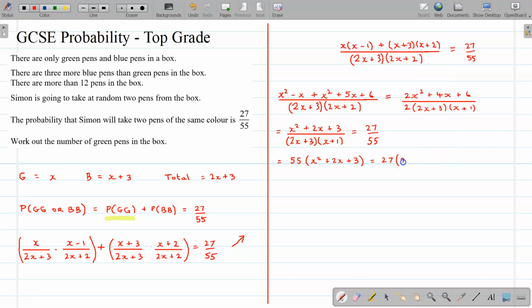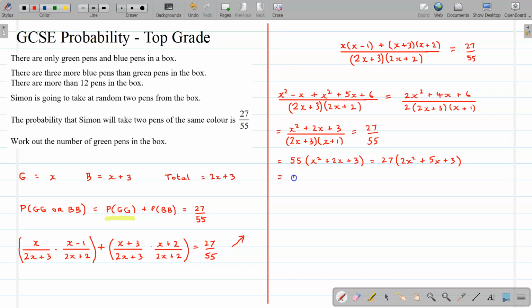So I've got 2x squared, using FOIL, first outer inner last, 2x squared plus 2x plus 3x, so that's plus 5x, and finally the last two terms give me 3 times 1, which is plus 3. Now it looks ridiculously complicated, but it really works out well, as you'll see in a very short time.